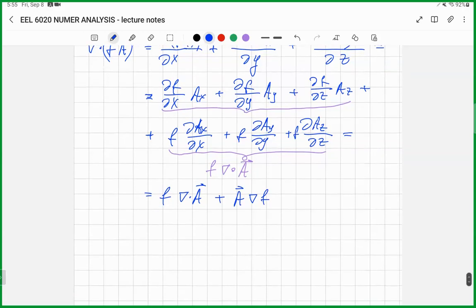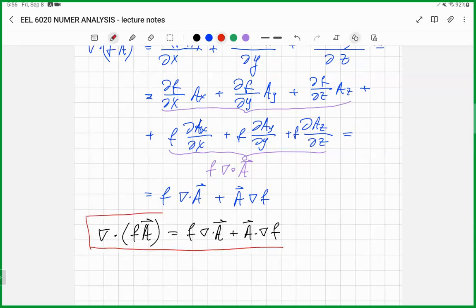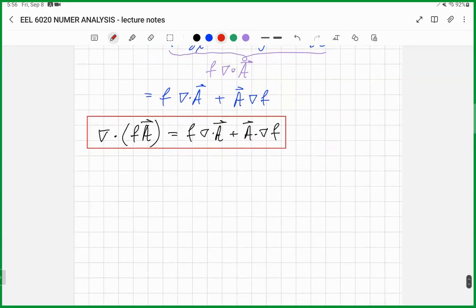It's quite a useful formula, so let us rewrite it.